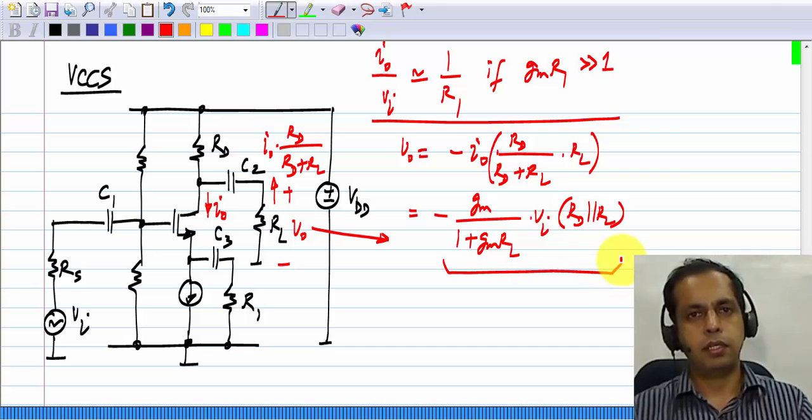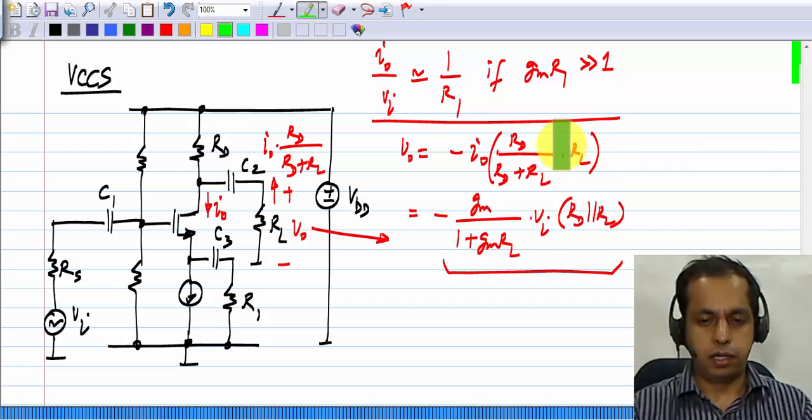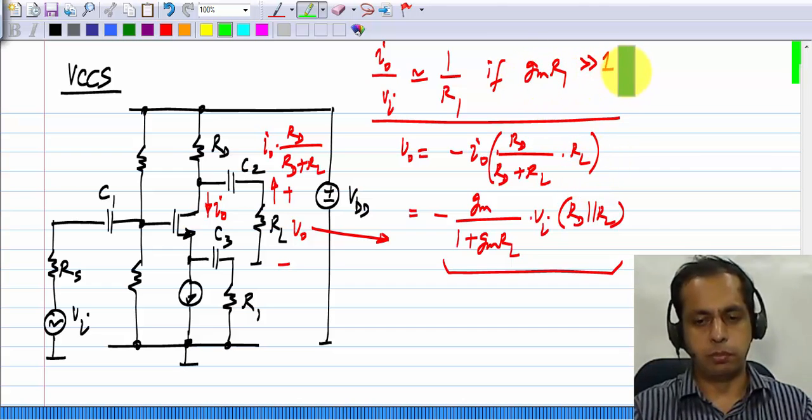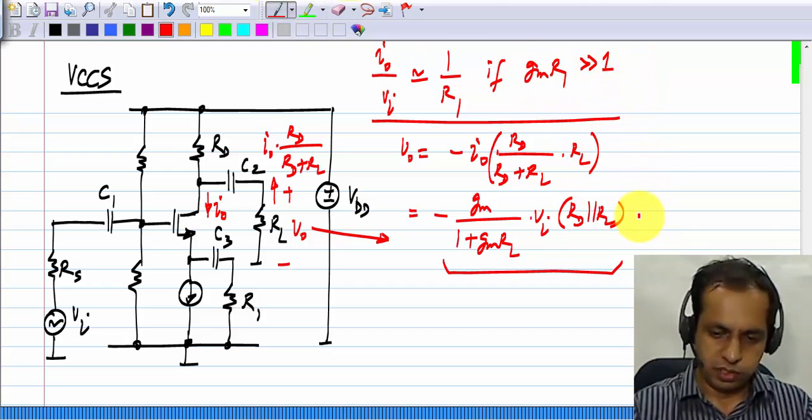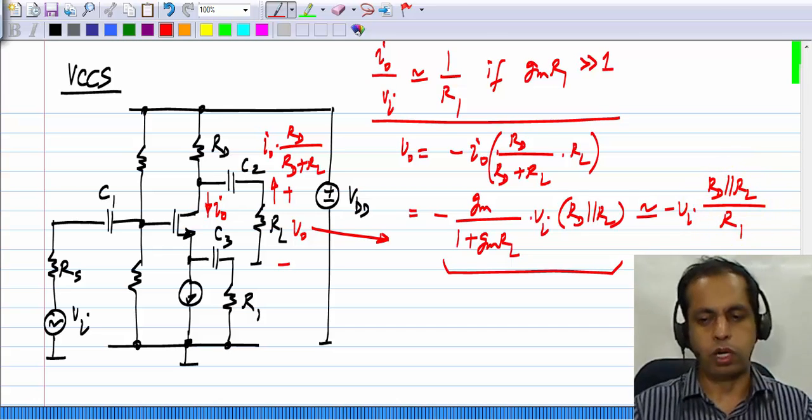Okay, so that will be the output voltage, and when this condition is satisfied, when Gm R1 is much more than 1, this is approximately minus Vi times RD parallel RL divided by R1.